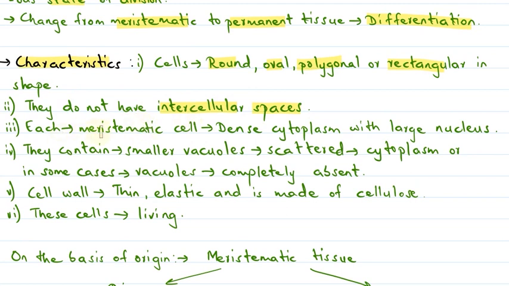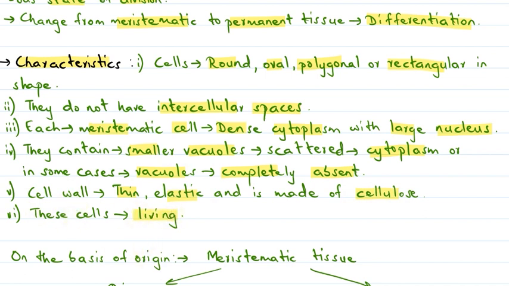Each of the meristematic cells has dense cytoplasm and a large and prominent nucleus. Then they contain smaller vacuoles that are either scattered throughout the cytoplasm or in some cases completely absent. The cell wall is thin, elastic and made up of cellulose. And the meristematic cells are living cells.